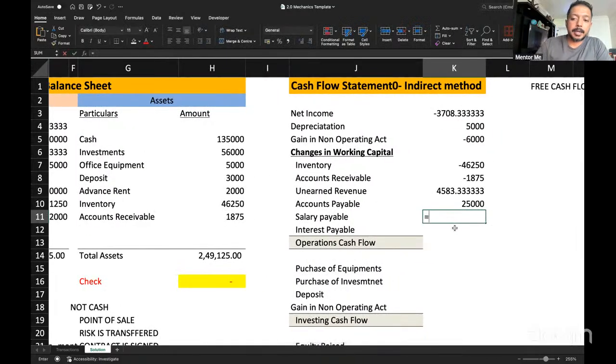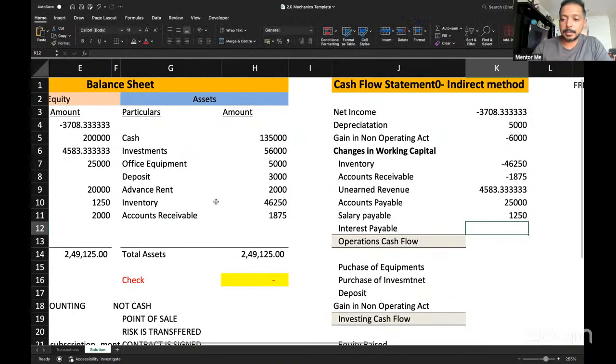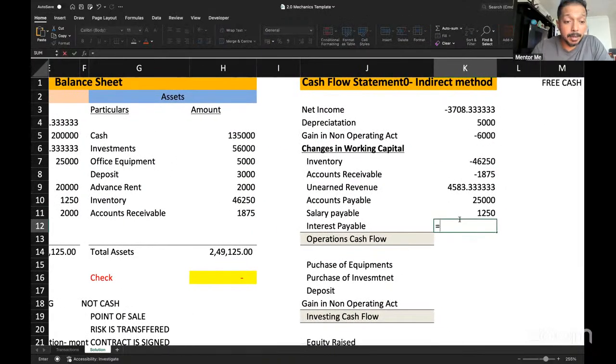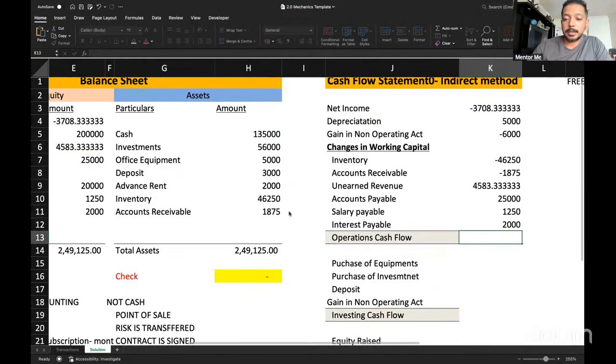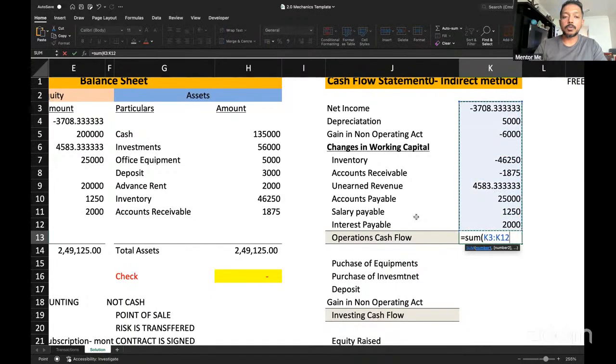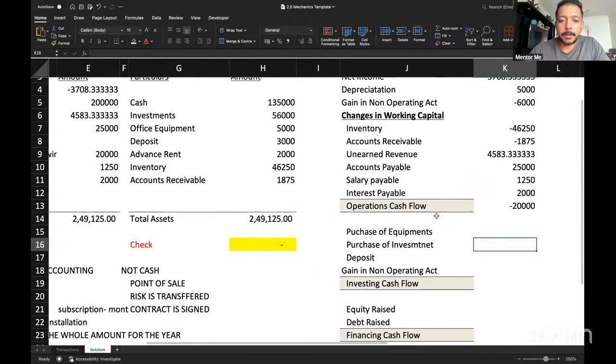Salary payable, again, this year minus last year, positive cash. Interest payable, positive cash flow. Right? And now sum this up entirely. This will now give you operating cash flow, CFO.